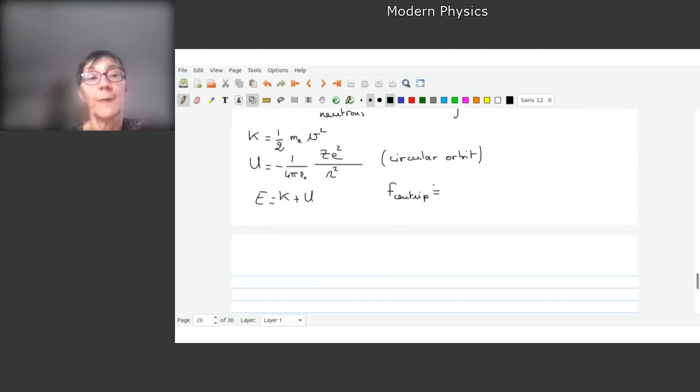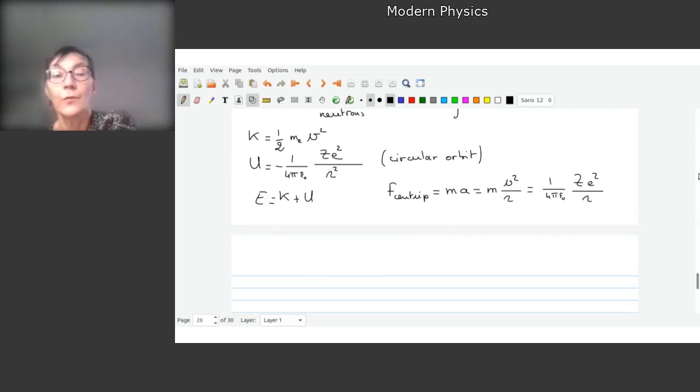This is minus dU over dr, equal to me a, so this is equal to me v squared over r, and this is 1/4 pi epsilon 0, Ze squared over r squared, minus the derivative of the potential energy in relation to the distance r.